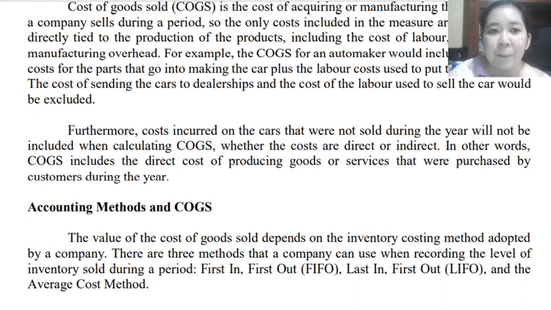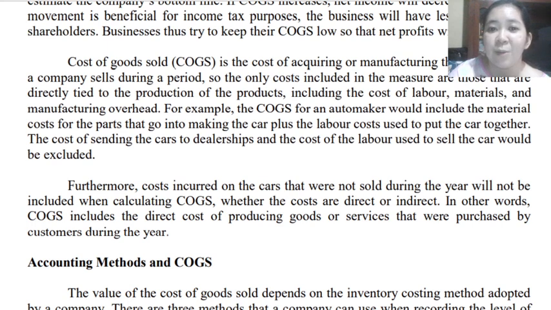Okay, furthermore, costs incurred on the cars that were sold during the year will not be included, whether the costs are direct or indirect. In other words, cost of goods sold only includes the direct cost of producing goods or services. This is what we mentioned earlier.